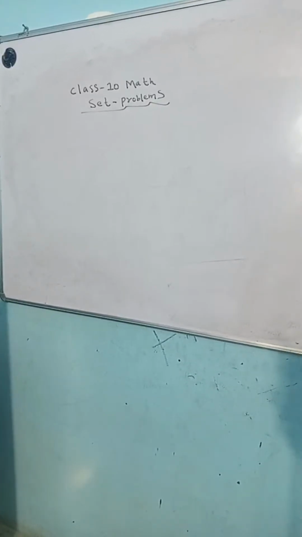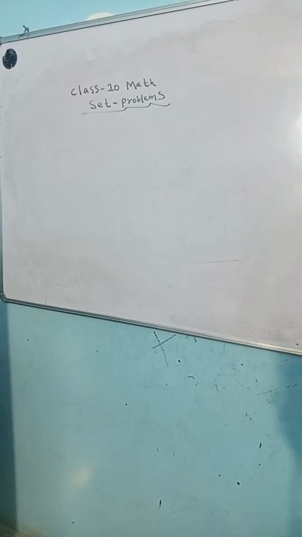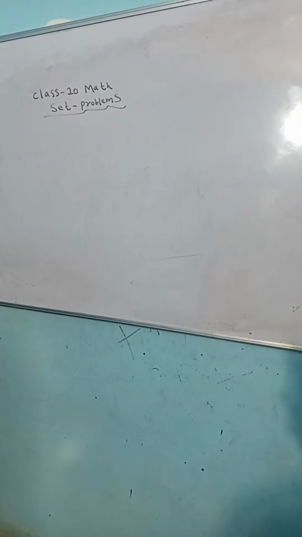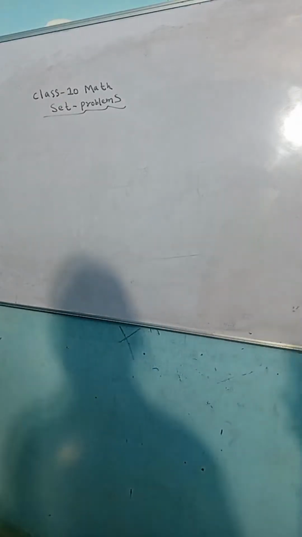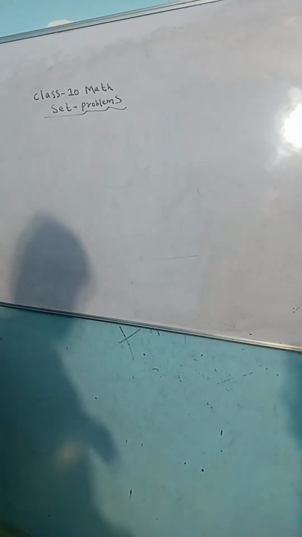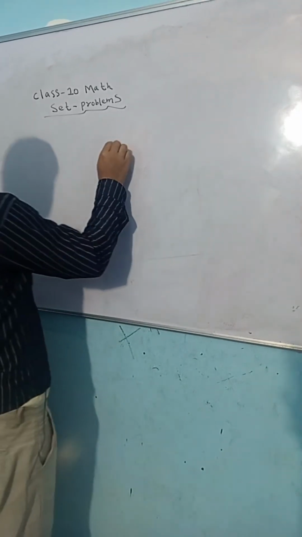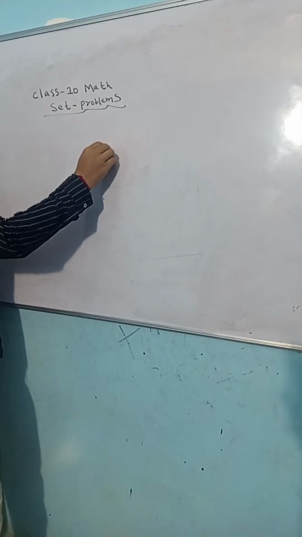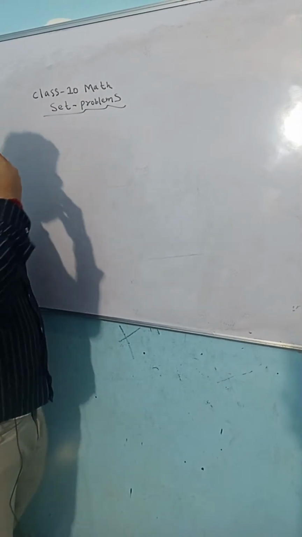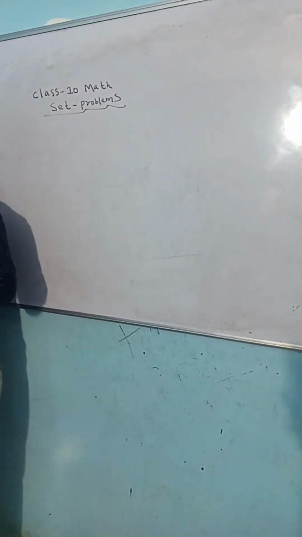This is math class for grade 10. If it's not visible, guys, try stretching your video. Nowadays we have a feature in YouTube: you can zoom it right here, and you will get a high quality or zooming effect.